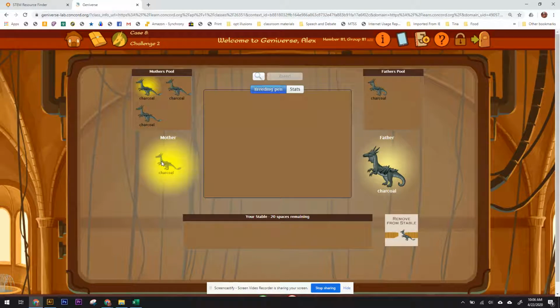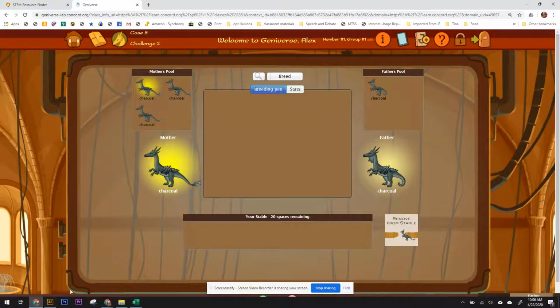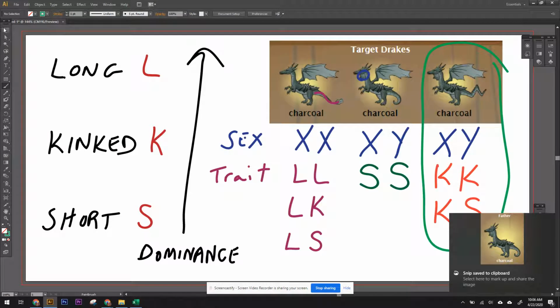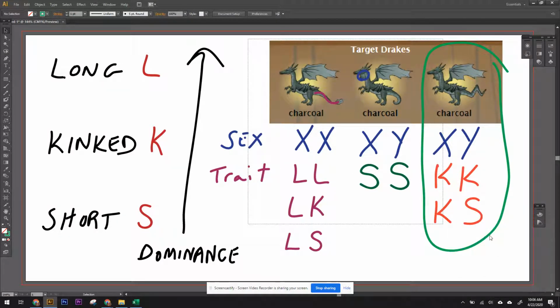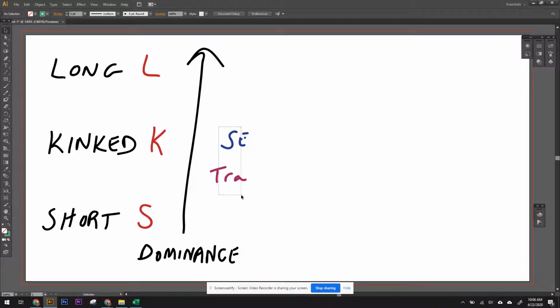So let's go ahead and take a look at our parents here. Now we are focused on the tails, so we noticed that the mother has a long tail, the father has a short tail. So I'm going to take a little picture of these and bring them into our workspace over here so that we can start talking about their possible genotypes.